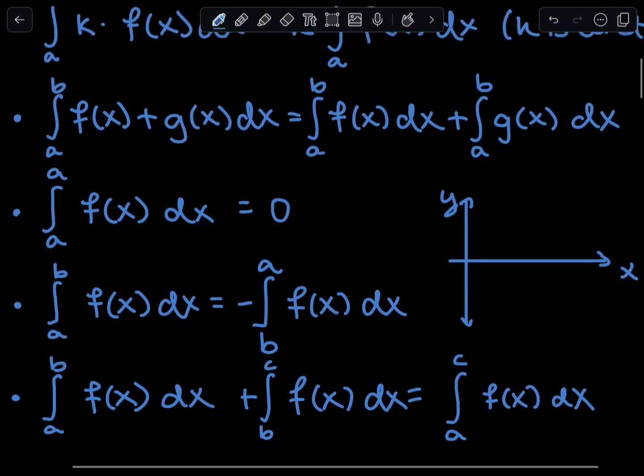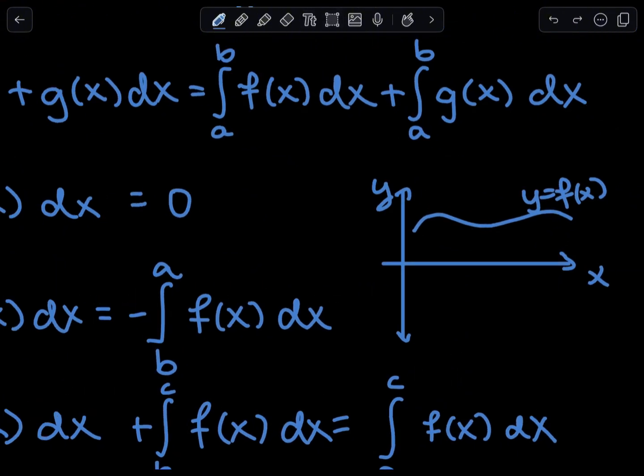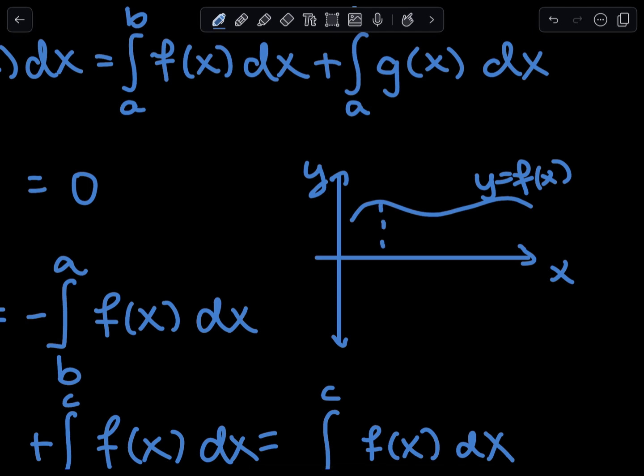Now remember, the integral under this function, f of x, or y equals f of x, is just the area under it, okay, between the function and the x-axis. Between the boundaries a and b.